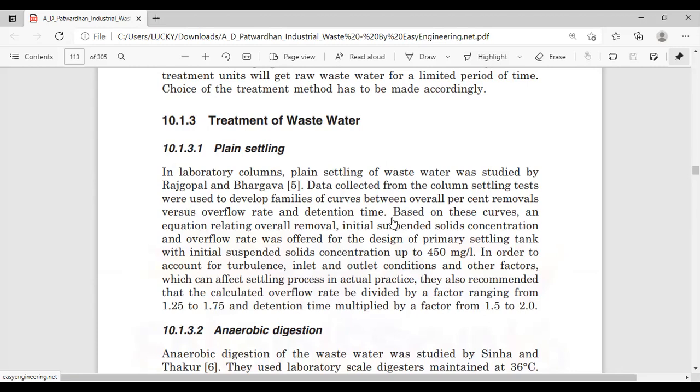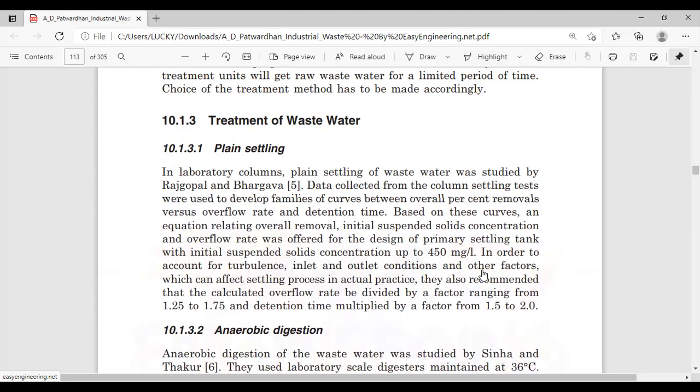Based on these curves, an equation relating overall removal, initial suspended solids concentration, and overflow rate was offered for the design of primary settling tank with initial suspended solids concentration up to 450 milligram per liter.